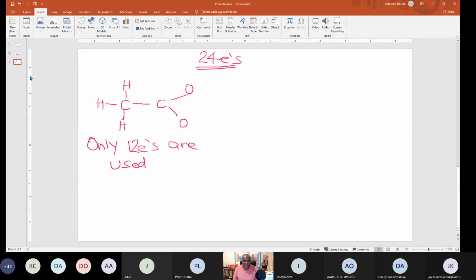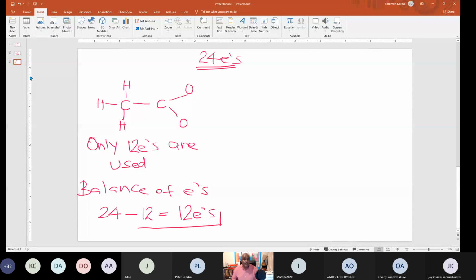So the balance of electrons is 24, which is the total number of valence electrons, minus the 12 we have used in forming the single bonds. 24 minus 12, 12 electrons, okay? We have 12 electrons that are left. And then we'll use these 12 electrons to fulfill the octet of the elements whose octet is not fulfilled.